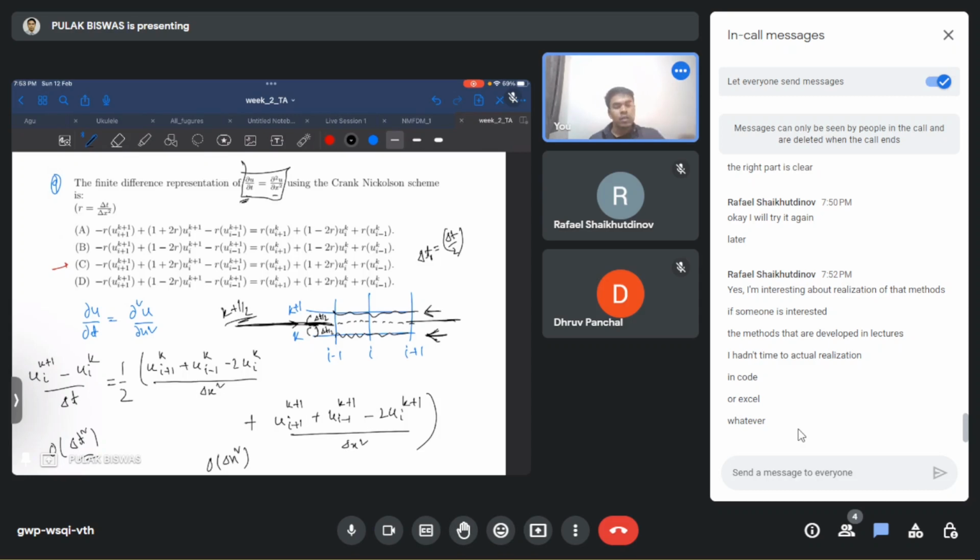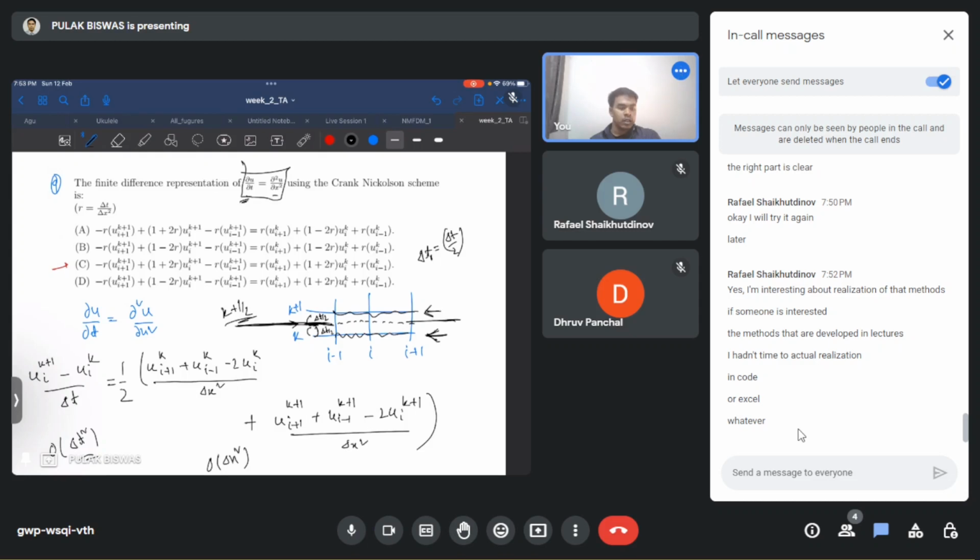Okay. So if you are interested, I can show you a few example codes in the next session, for Crank-Nicolson as well as the explicit and implicit schemes, considering the stability criteria.